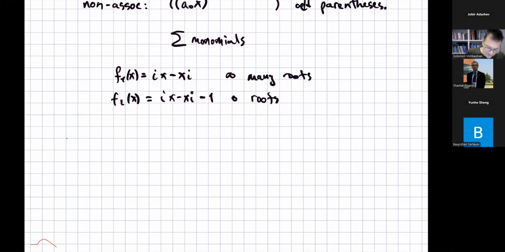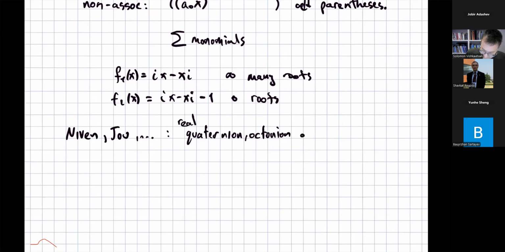So there are classical theorems starting from the 50s, Niven, Zhu, etc., that say that basically over the reals, the quaternions and Octonions, the general polynomials with a monic leading term, the highest term, have a root.